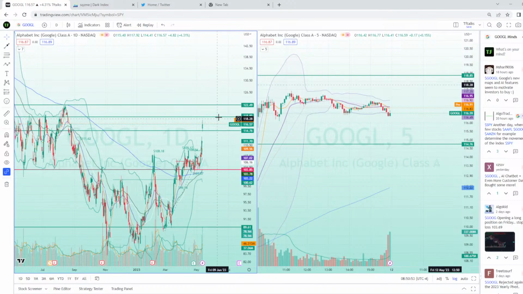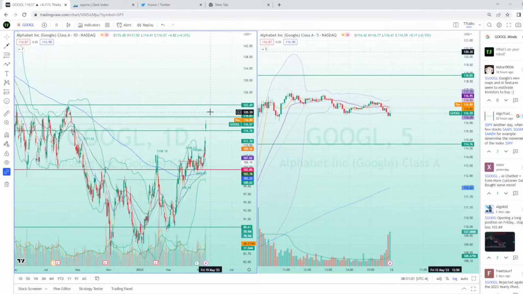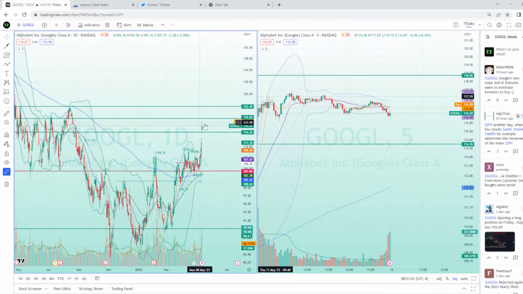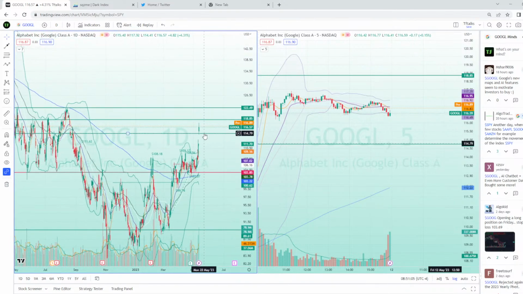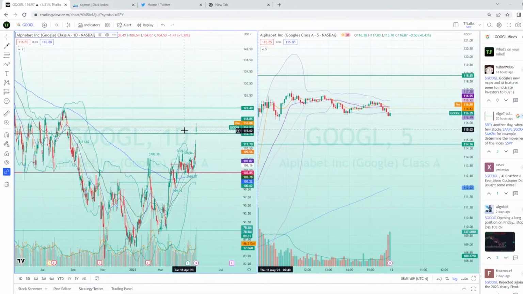It might go up to 120 to 122, about 3%. But I don't recommend you chase at this level. For the long-term recommendation on Google, as I said before, Google is pretty undervalued compared to Microsoft and compared to Nvidia.